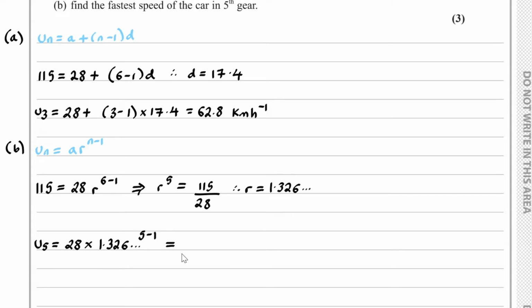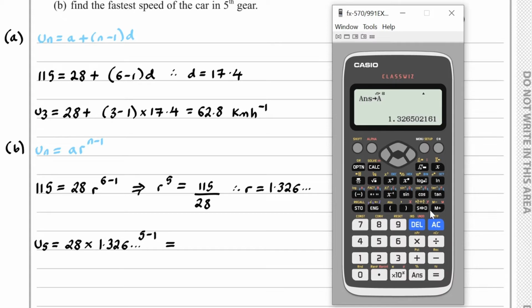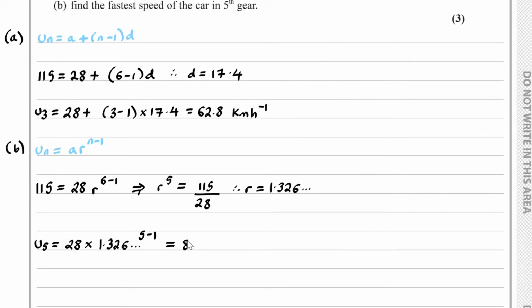So if we work this out, so we have this to the power of 4 multiplied by 28, we get 86.7. So we get 86.7 kilometers per hour to 1 decimal place.